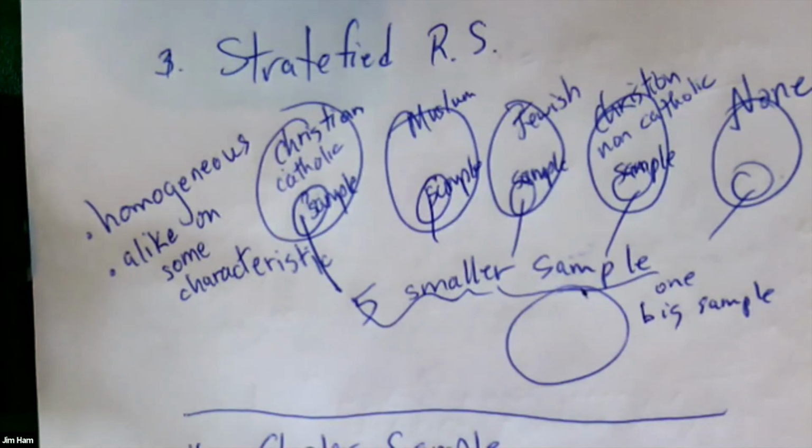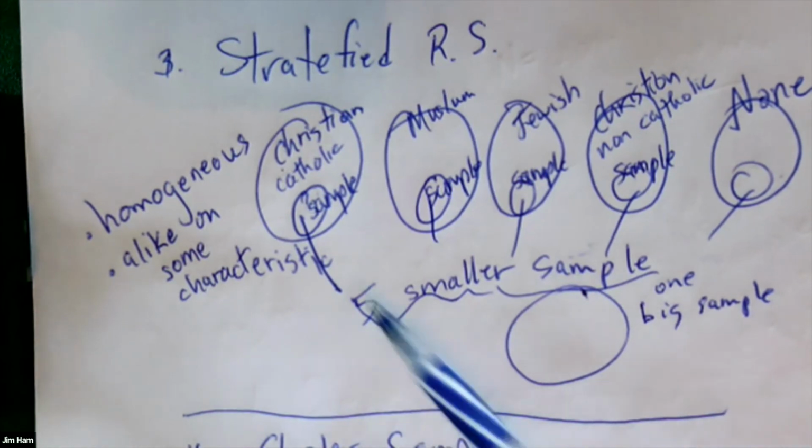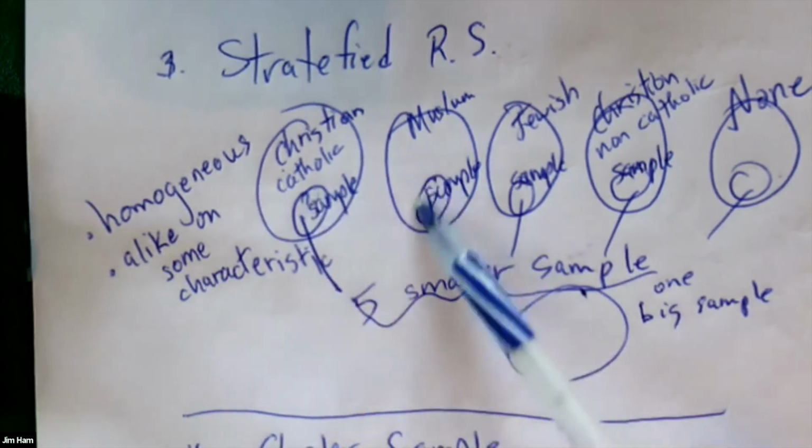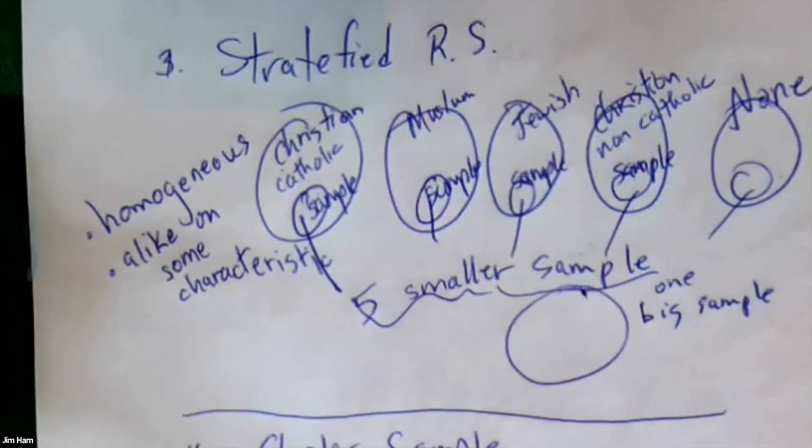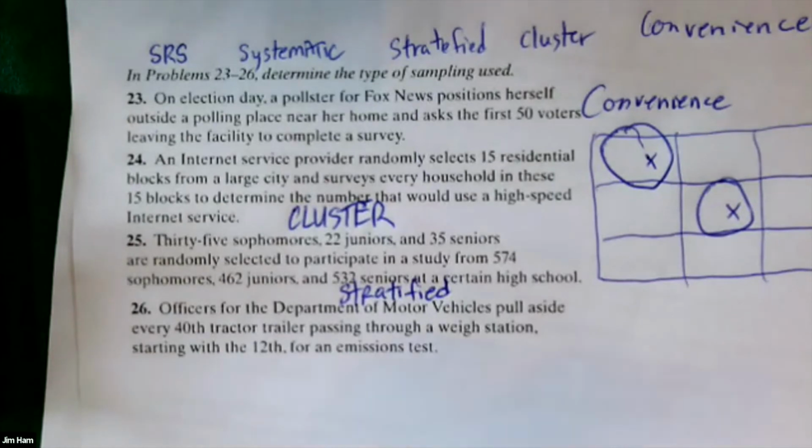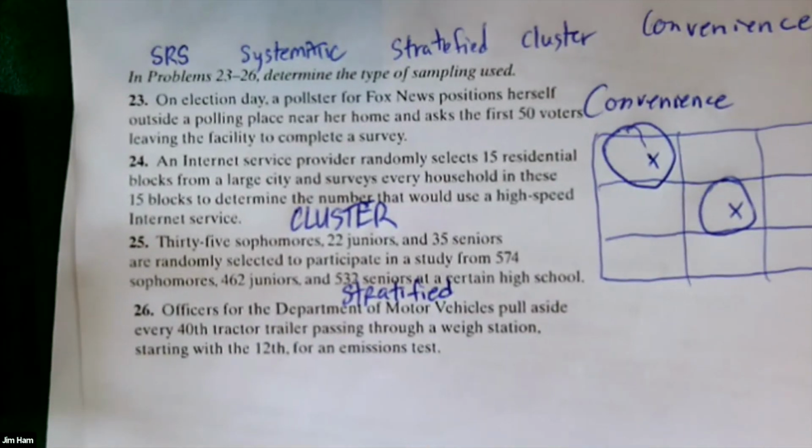In a simple random sample, you might get way more seniors than freshmen if the sample is not representative. But in this case, we select a small sample of sophomores, freshmen, juniors, and seniors, and then add up all those small samples, and that creates our big sample. So you were right there.